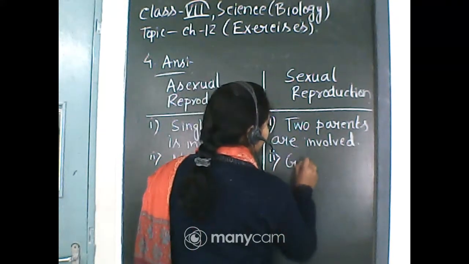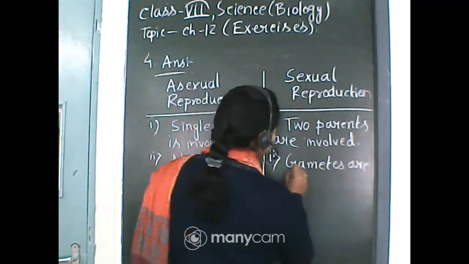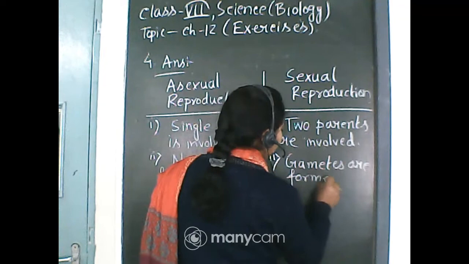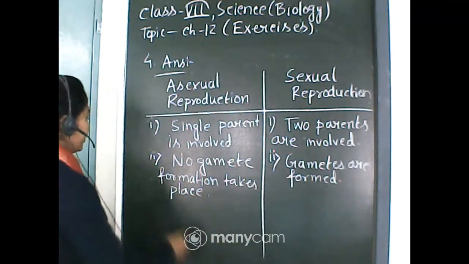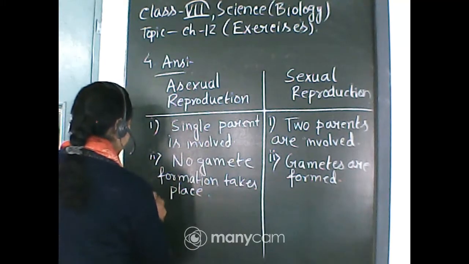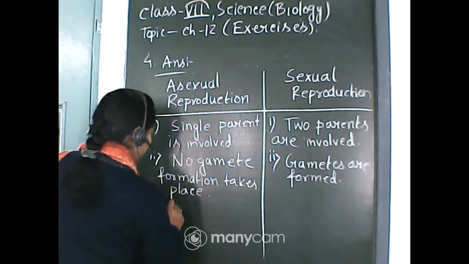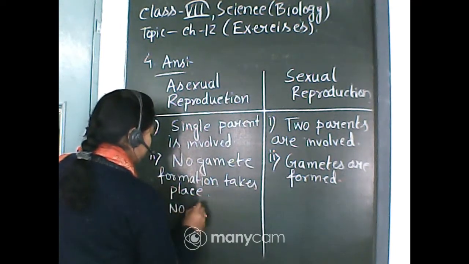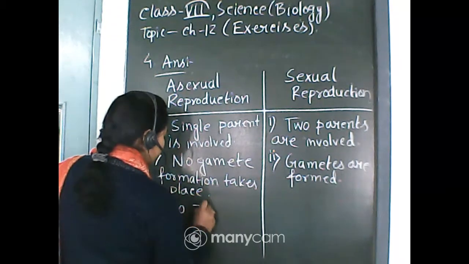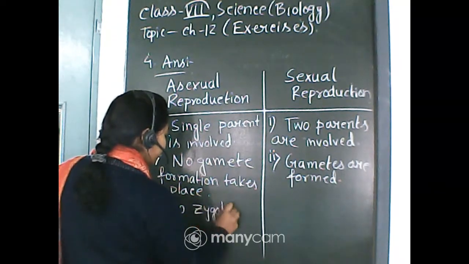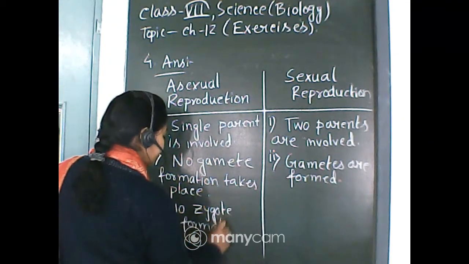So gametes are formed. Which are those gametes? The male gamete and female gamete. Next you can write, as there is no gamete formation, no zygote formation also. You can write this point.